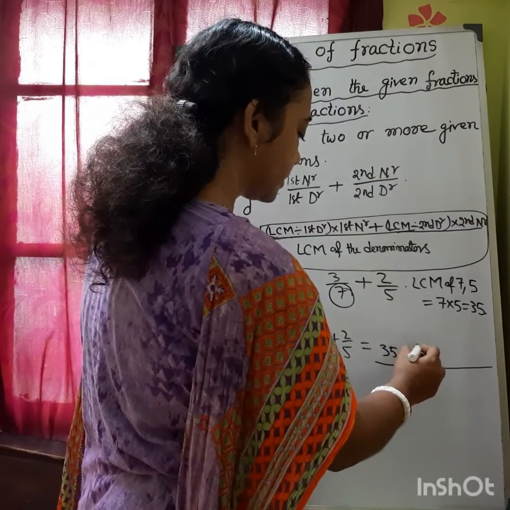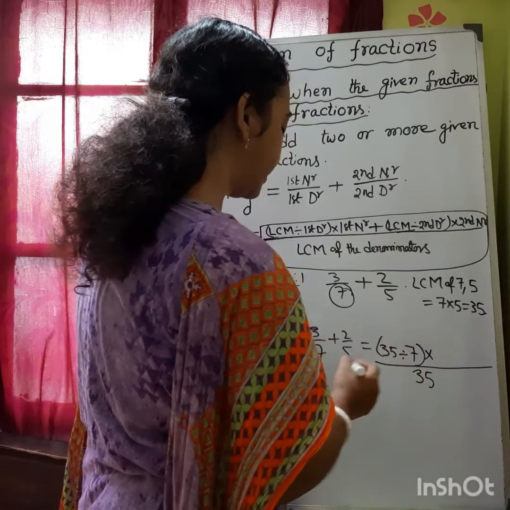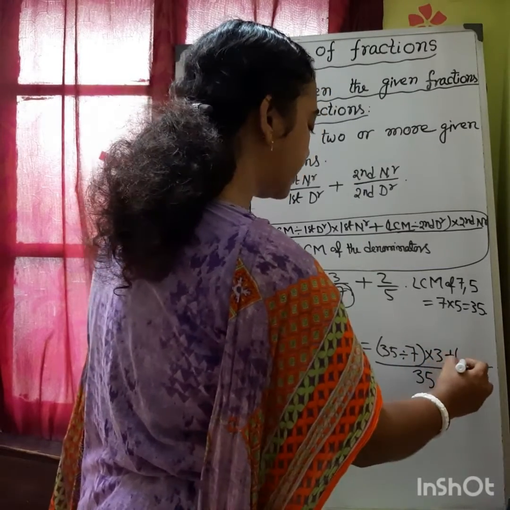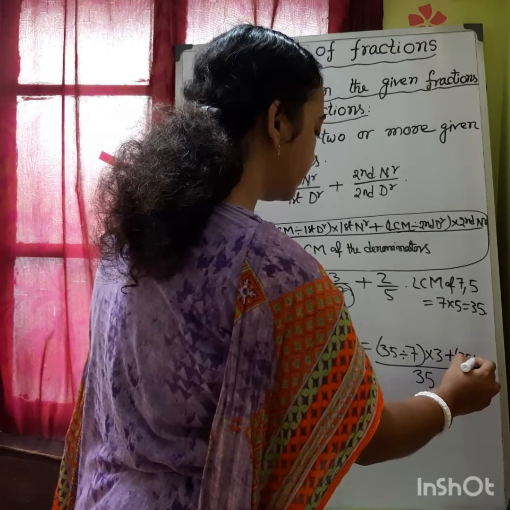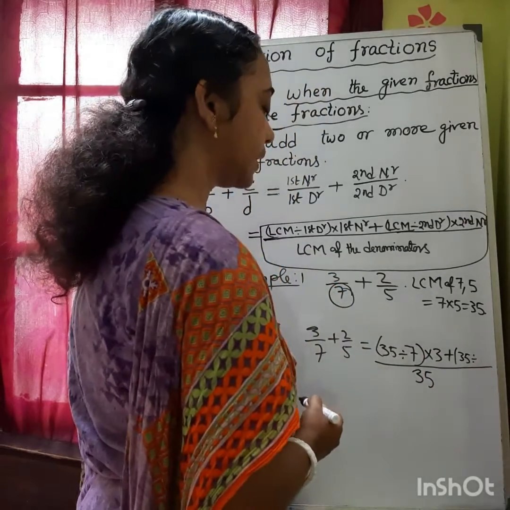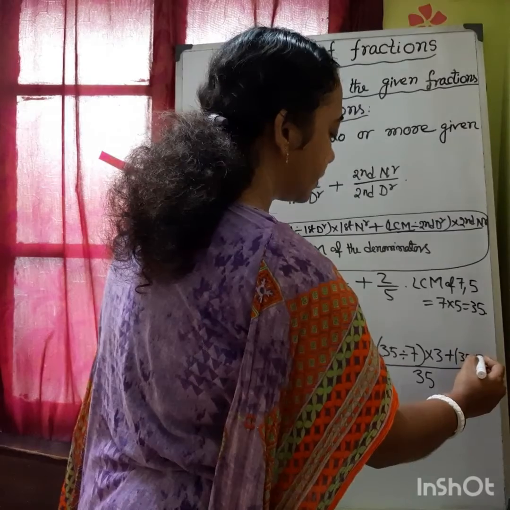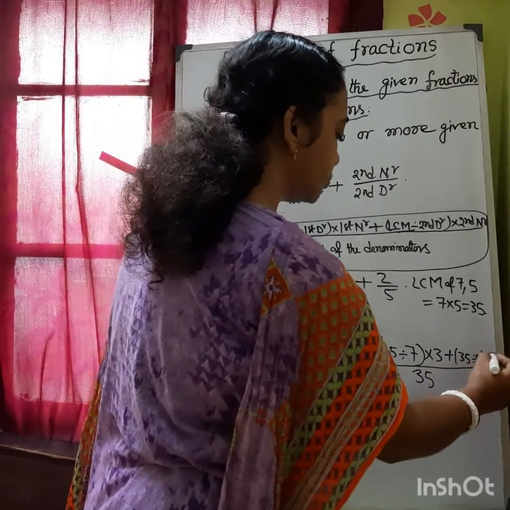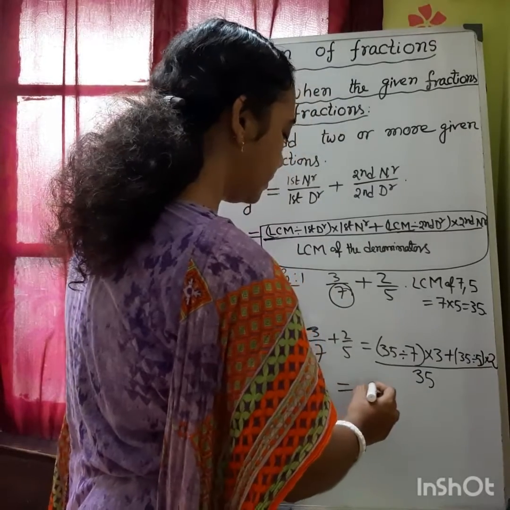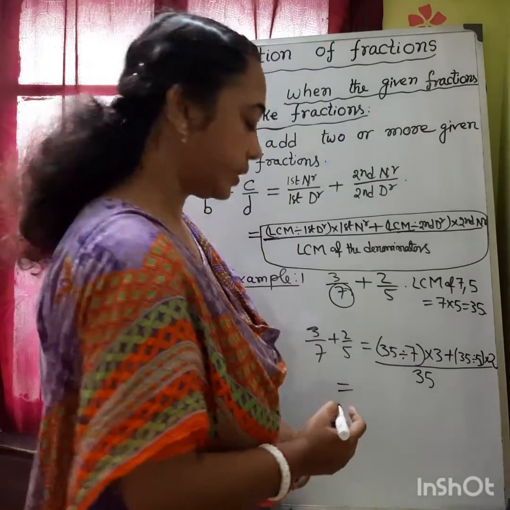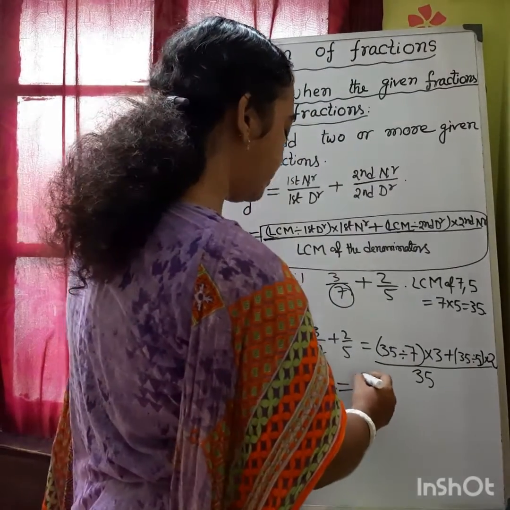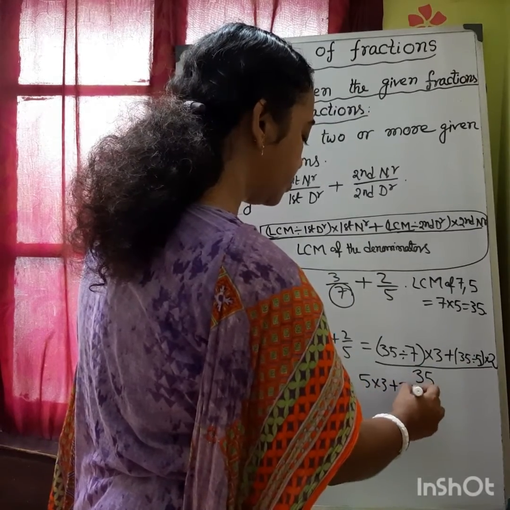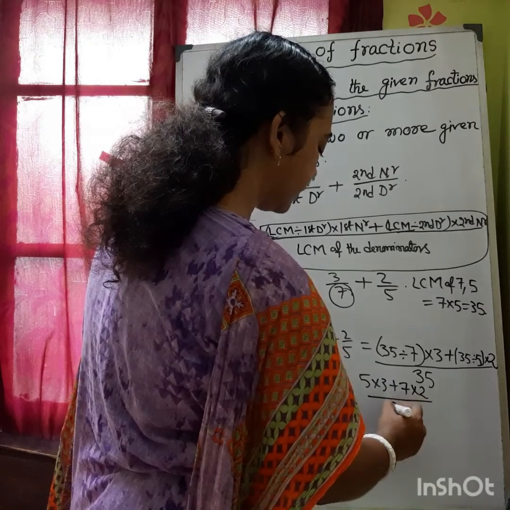Then we multiply by the first numerator, 3, plus again the LCM 35 divided by the second denominator 5, multiplied by the second numerator 2. So 35 divided by 7 gives 5. So we get 5 multiplied by 3 plus 7 multiplied by 2, divided by 35.